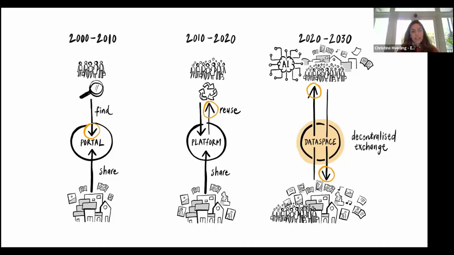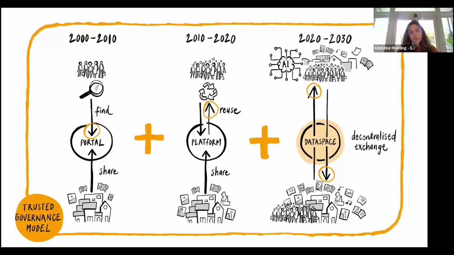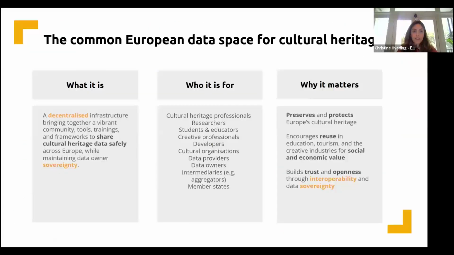And now in the next phase, which will run from 2026 to 2030, the Common European Data Space for Cultural Heritage will bring and manage together all three infrastructures, ensuring that digital cultural heritage data across Europe is connected, interoperable, and accessible for everyone. And so what is the Common European Data Space for Cultural Heritage?